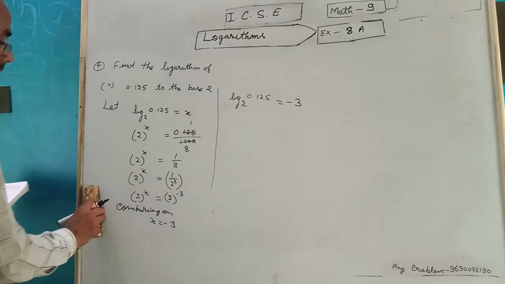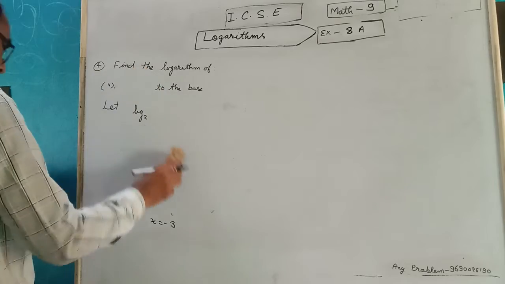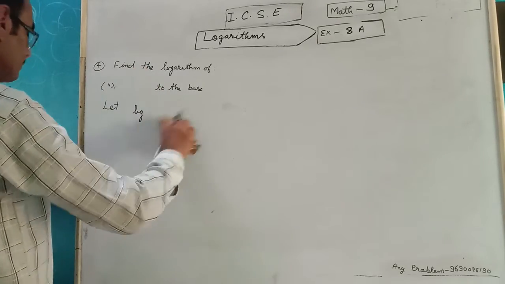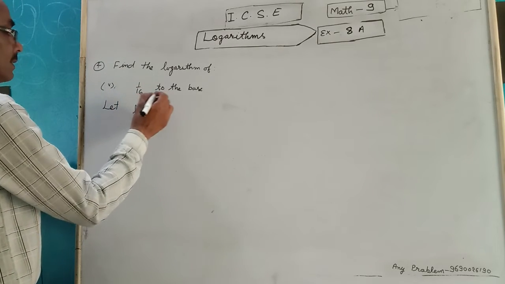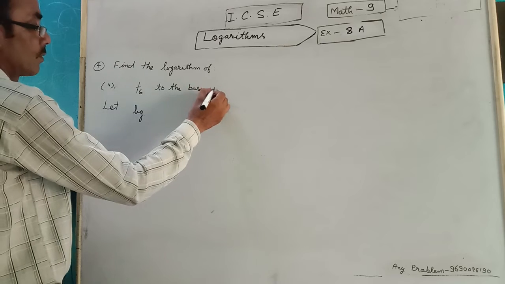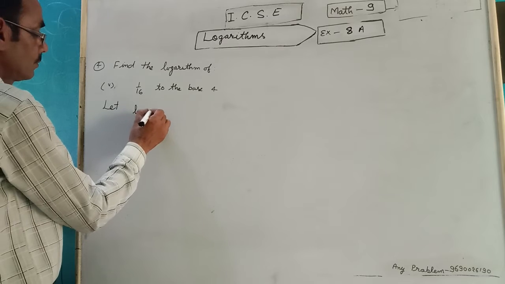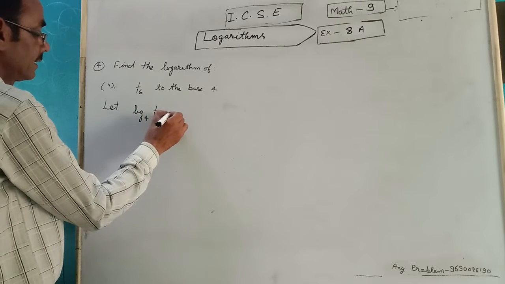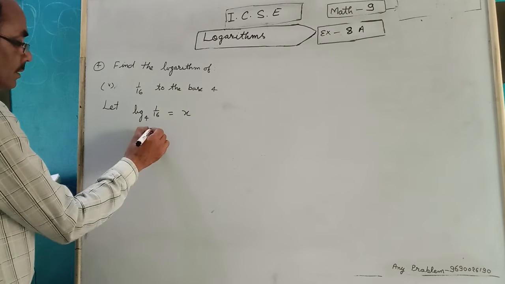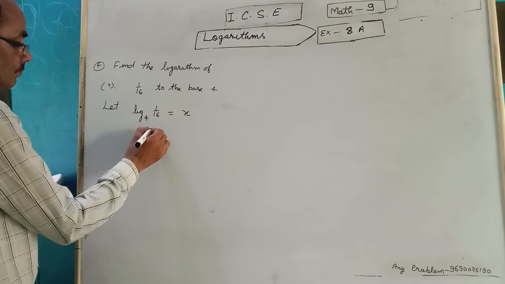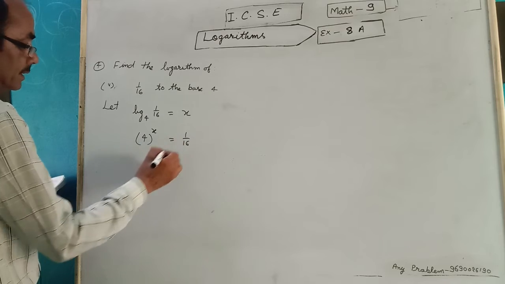Sixth part is one upon 16 base to the base of 4. So you write the log 4 base 1 upon 16 is equal to x. Write the exponential form. 4 as power x is equal to 1 upon 16.